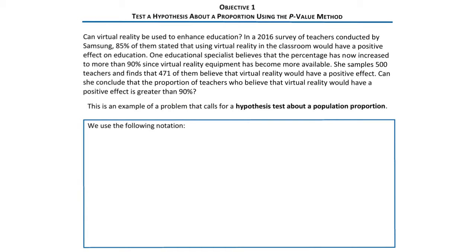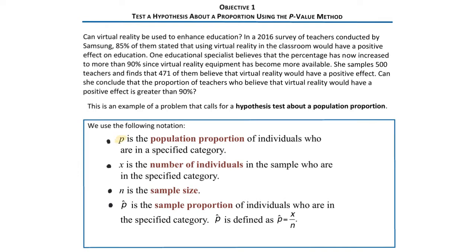This is an example of a problem that calls for a hypothesis test about population proportion, and we will be using the p-value method. Let's look at the notations first. P is the population proportion of individuals who are in a specified category. X is the number of individuals in a sample who are in a specified category. N is the sample size.